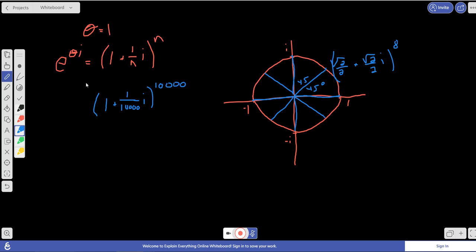So here, this whole binomial is going to stay on the unit circle when we raise it to a power. Secondly, the angle that this forms is very shallow. It's a very small angle, and it's going to be repeated 10,000 times here.